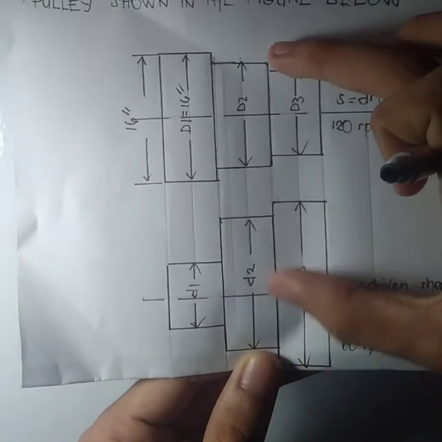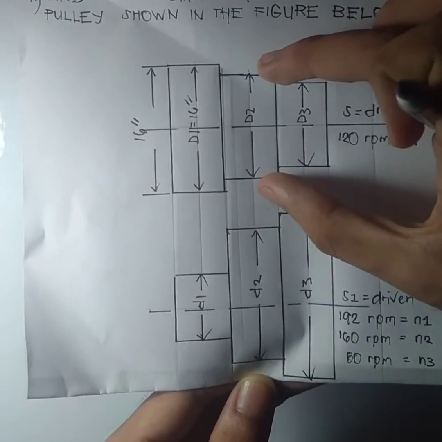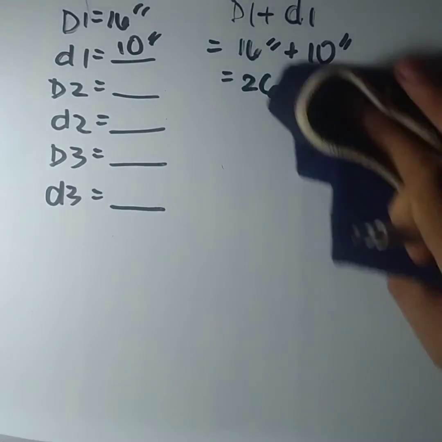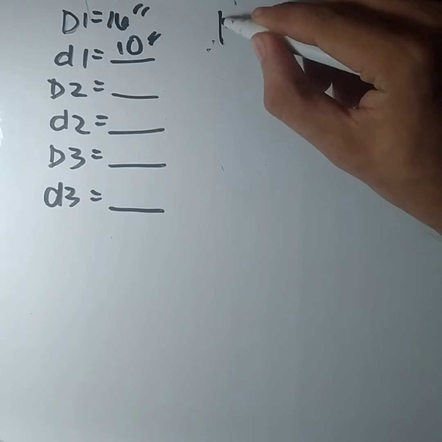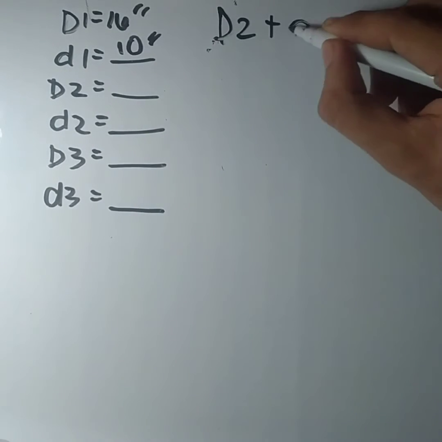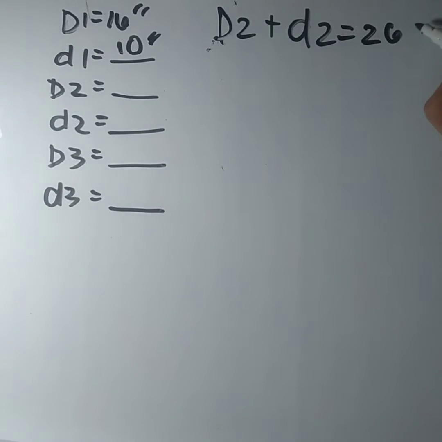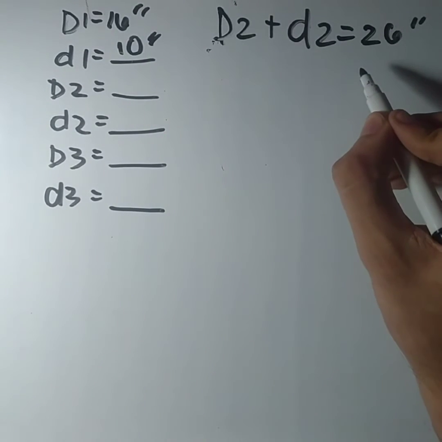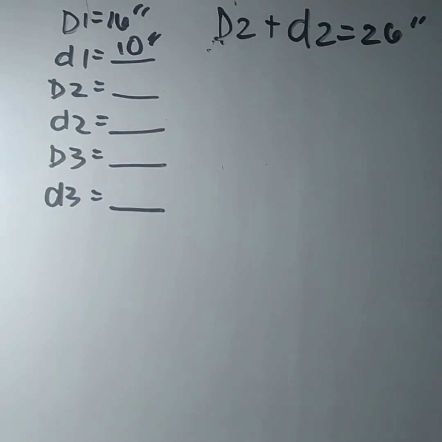So kailangan pag pinag-add mo ito dito, mag-equal siya sa 26 din. Therefore, D2 ng driver plus D2 ng driven must be also equal to 26 inches. So, magagamit natin yan para makuha itong mga diameters na po ito.